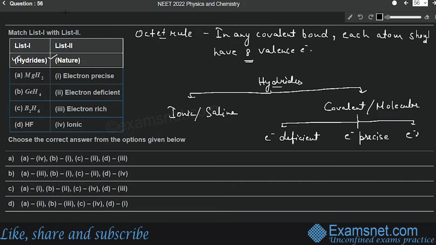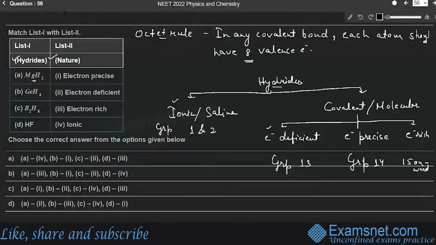Okay. So now we have to find out which compound belongs to which of the groups. So for that, remember that all the elements of group 1 and 2 make the ionic or saline hydride. All the elements of group 13 form electron deficient hydride. Group 14 elements form electron precise hydrides, and 15 onwards will form electron rich hydrides.